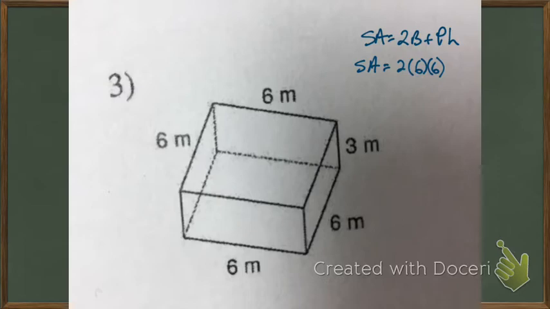So those are covered. So in my head, I imagine removing those. Now I need to find that lateral surface area. So I'm going to take the perimeter of my base, 24, and multiply by the height of 3. So here's my 24, these 4 sides, right?